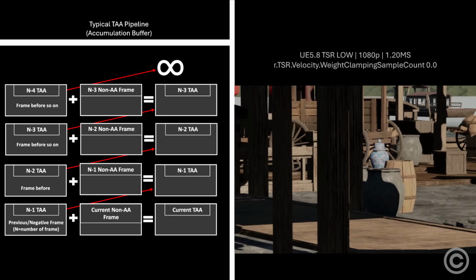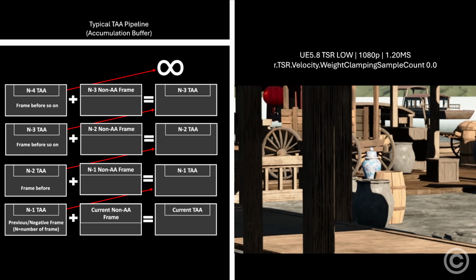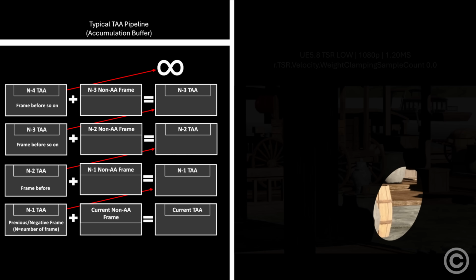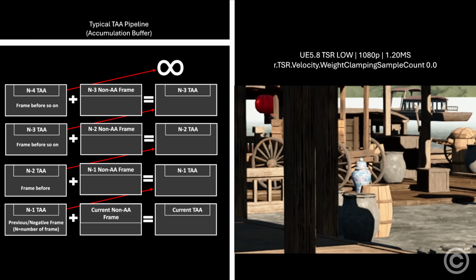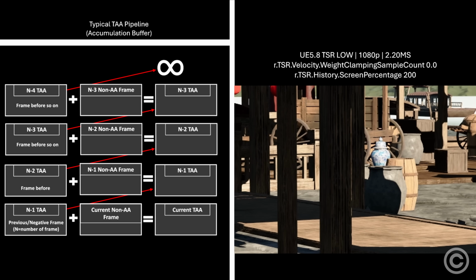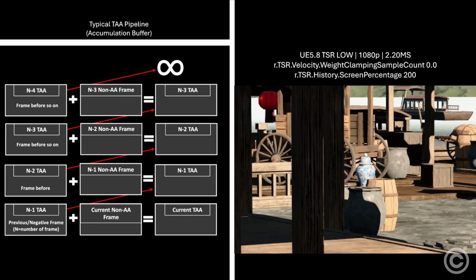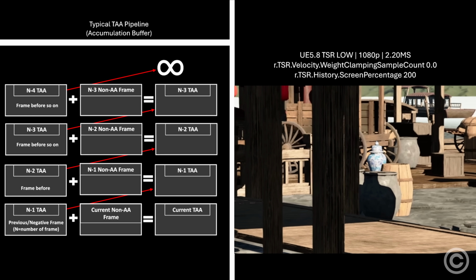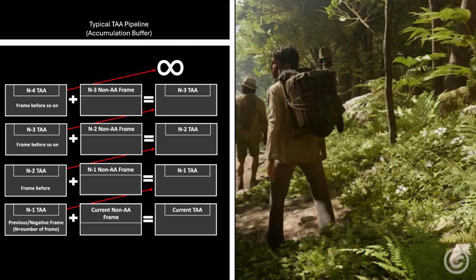The latest vendor-agnostic solutions like UE5.8 TSR on low to high scalability suffers from either flicker, severe blur during basic motion, terrible ghosting in the form of ringing as you can see appearing as a halo around this barrel, and you can only mitigate these issues by increasing the accumulation buffer size by 4x, which will demand a massive 2.2 millisecond cost, which is more than 18 times more expensive than the temporal reprojection logic used for the original temporal SMAA. All these ghosting issues persisting in new games is because of this accumulation buffer.